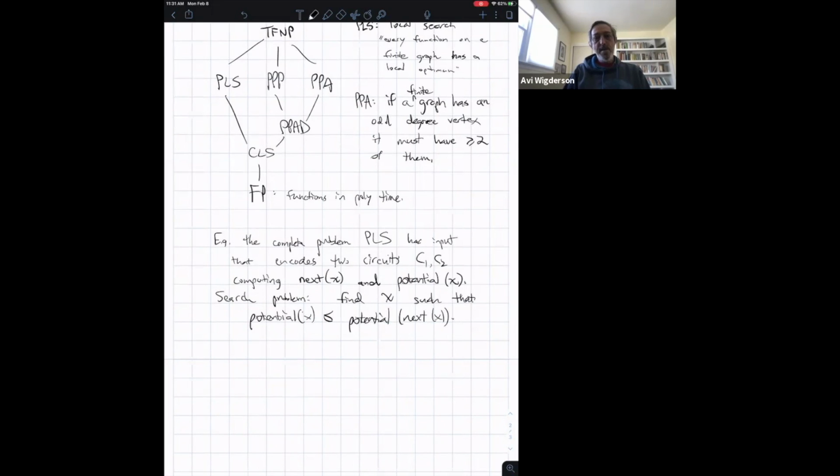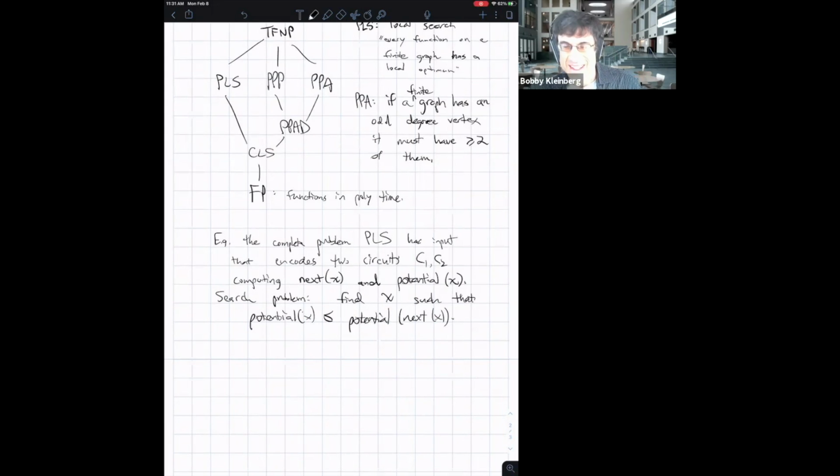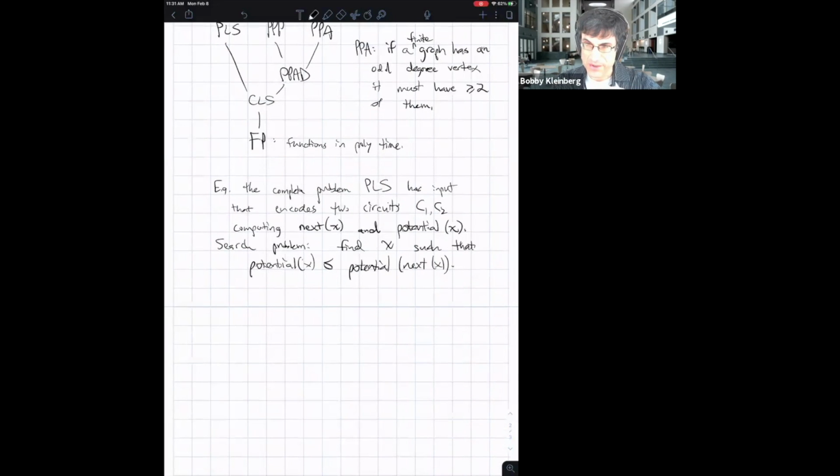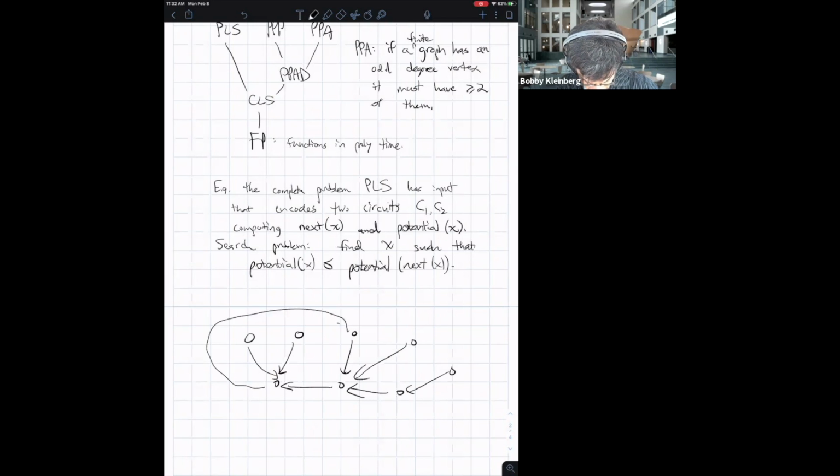The picture is that these two circuits implicitly define a directed graph in which every vertex has an outgoing edge. I'm drawing it as if it is tree-like, but it doesn't have to be tree-like.